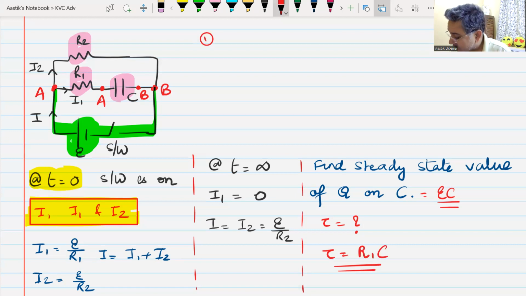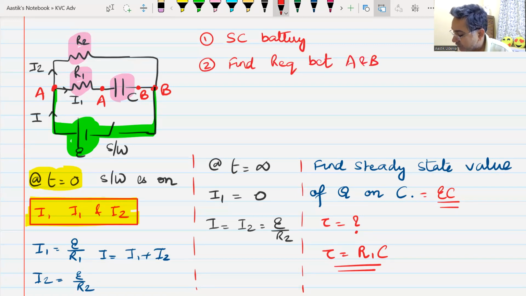Step number 1: short circuit the battery. Step number 2: after short circuiting the battery, find R equivalent between the points A and B.